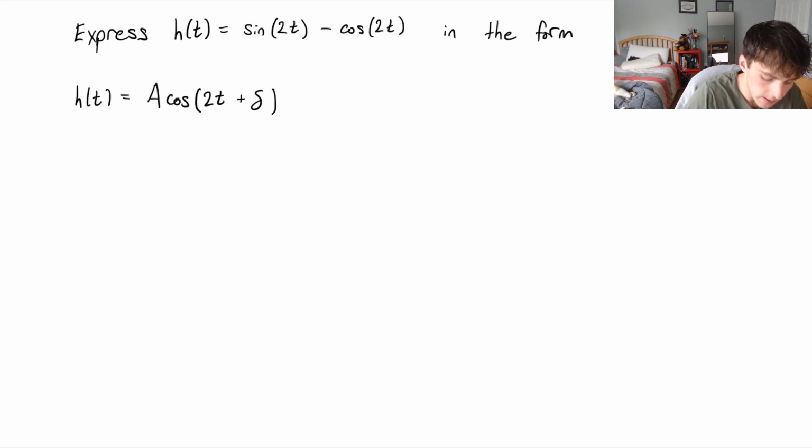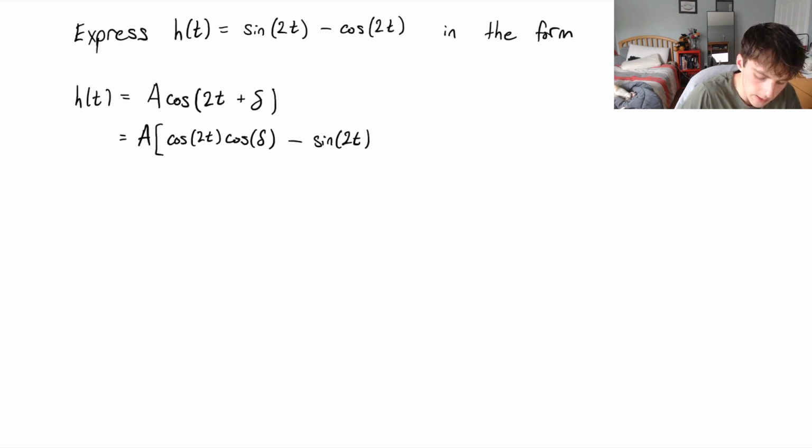So very similarly to the last one, we're gonna just substitute in a trig identity for that addition of two variables inside the cosine, and we know that that is going to be cosine of 2t times cosine of delta minus sine of 2t times sine of delta.